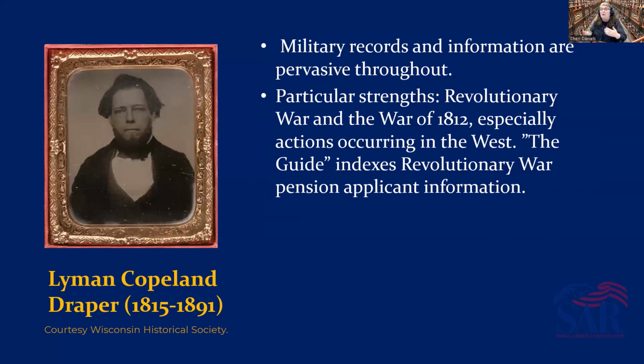In 2024, we would consider the West way past the Mississippi. But at the time that he was actually collecting this information, we're talking Mississippi Valley, east, and some points west. So again, think about how you define the West in the mid-19th century.